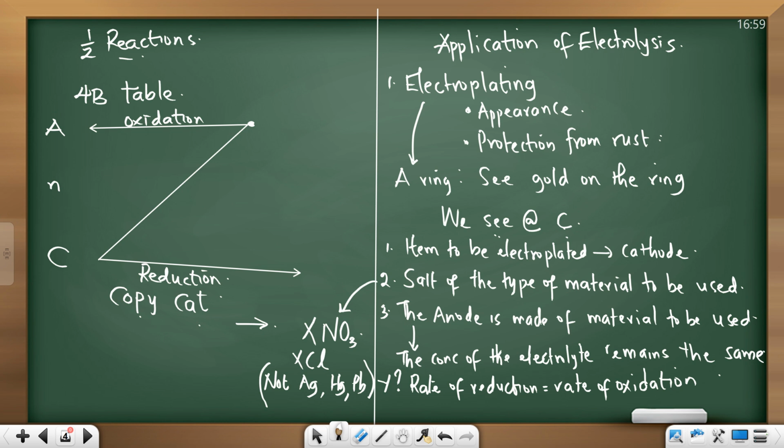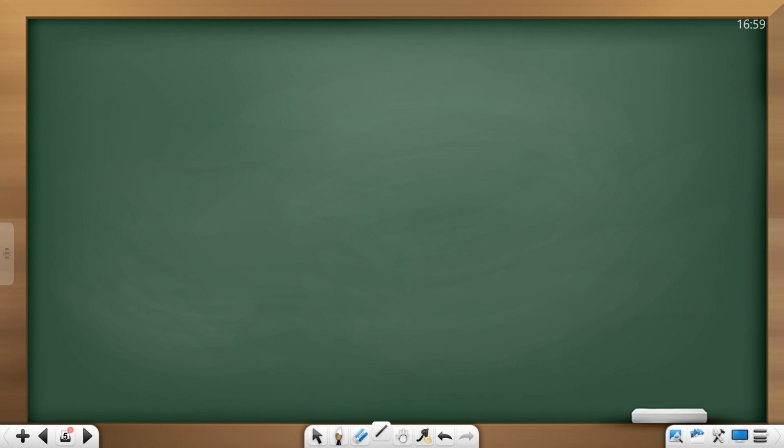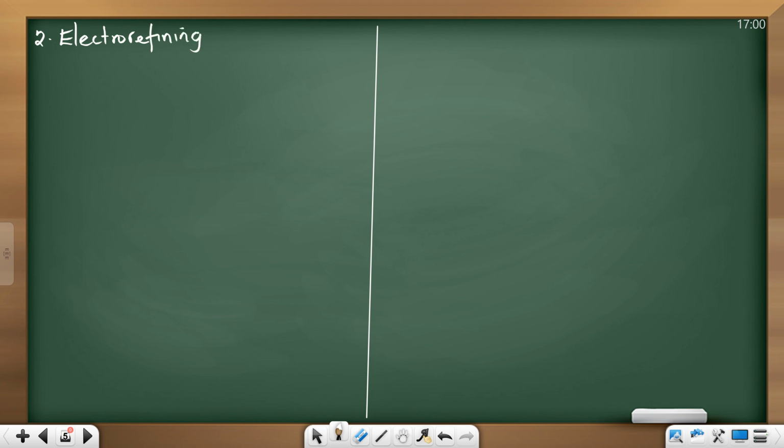We'll do the half reactions. Number 2, quickly. Electrorefining. Ooh, this is the crash course. What do we do with electrorefining? We purify metals. Why do we purify metals?